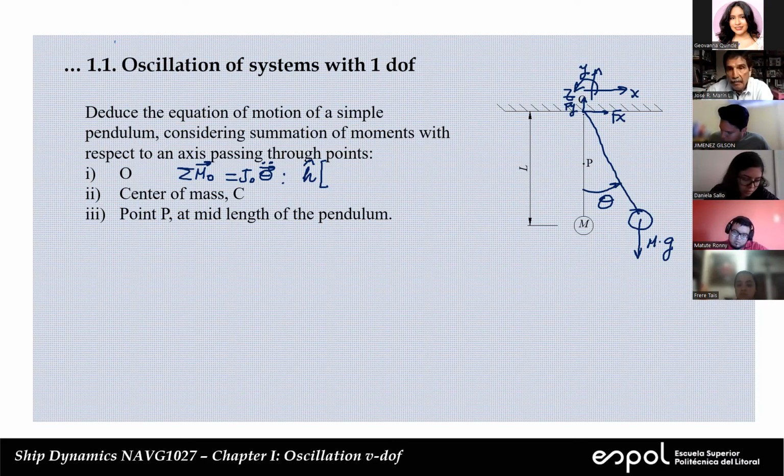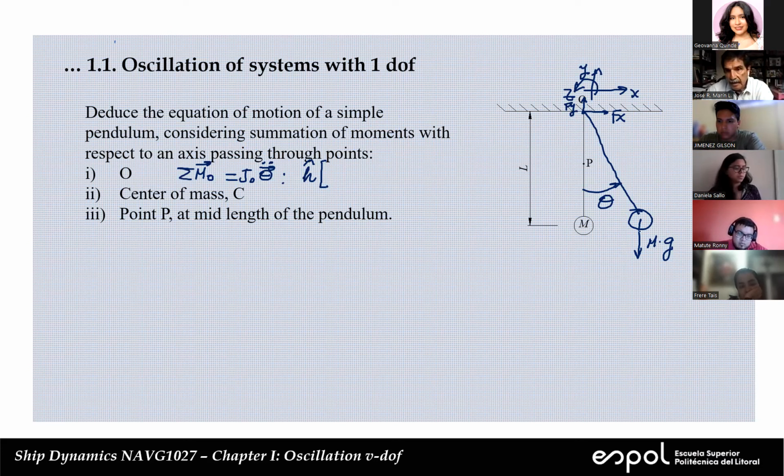So we're passing an axis through this point O, which is fixed. These two forces don't have an arm, so they do not contribute to our summation. The only force is this one here, the force which causes the restoring effect.